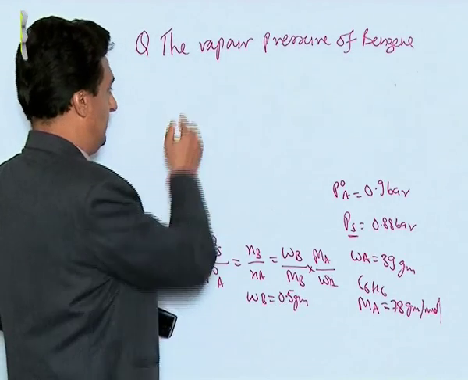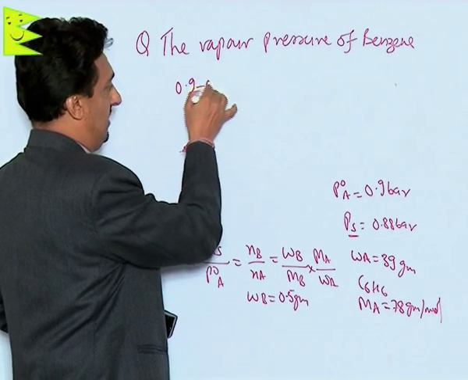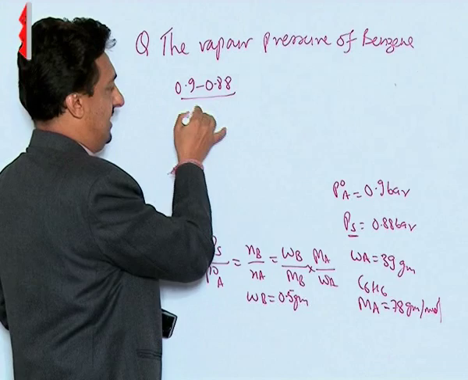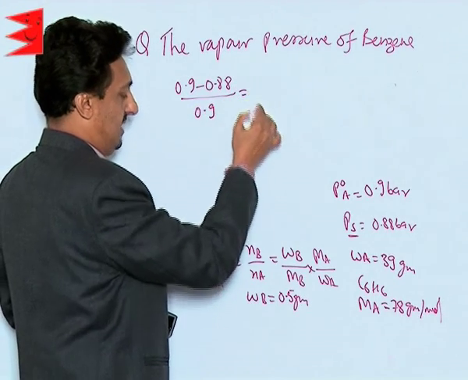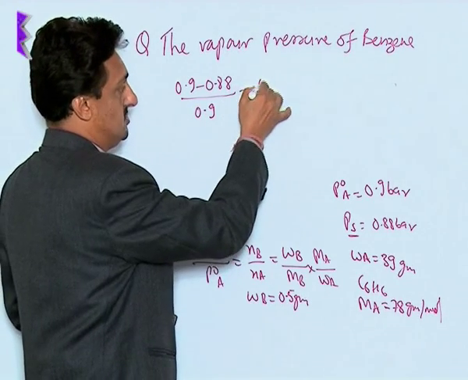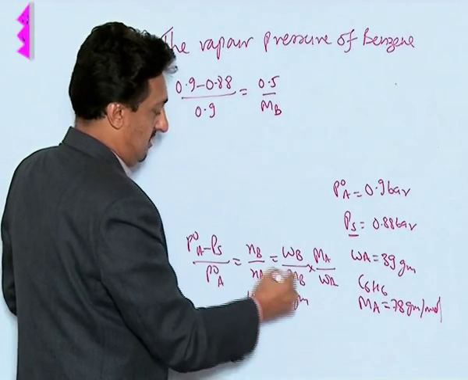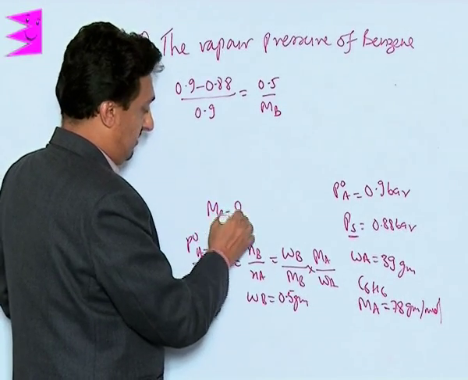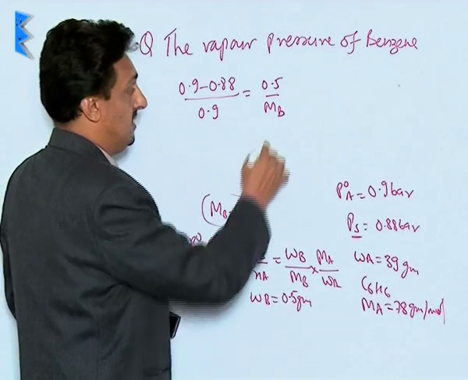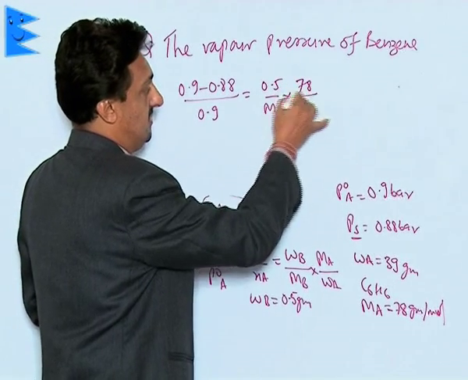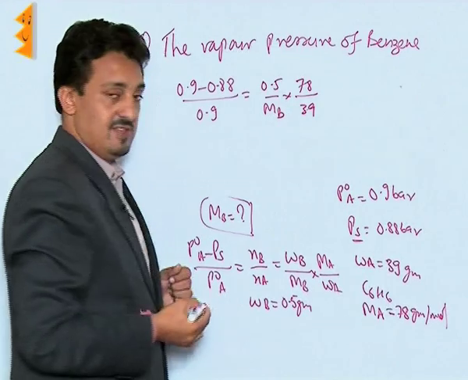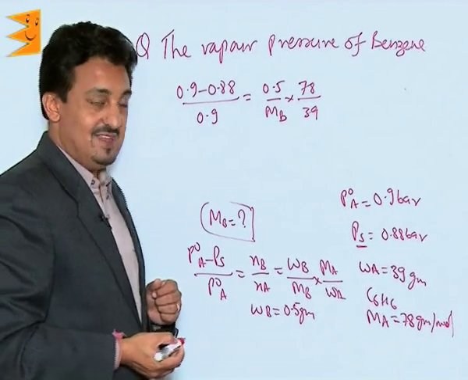It will be (0.9 minus 0.88) upon 0.9 equals 0.5 by the molar mass of the solute, because this is what we have to find out, into 78 upon 39, because 39 was the mass of benzene taken.